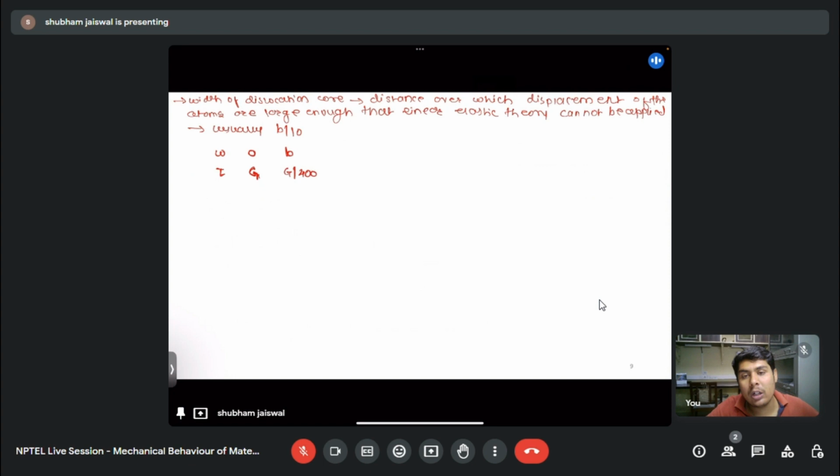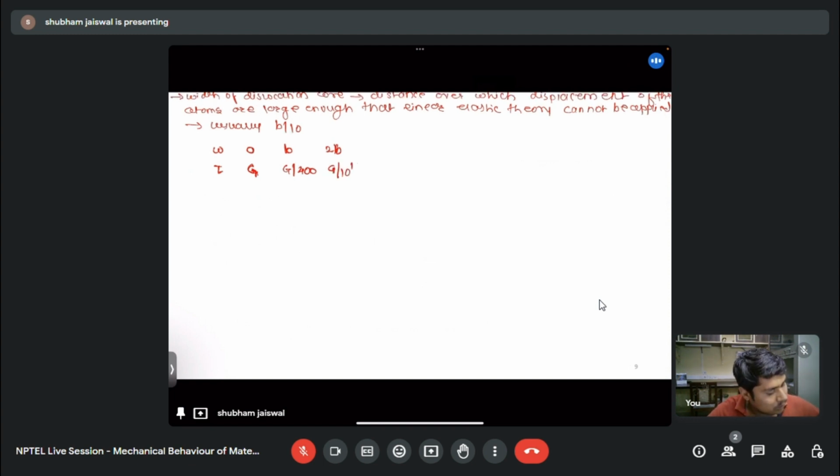Similarly, if we increase the dislocation width to 2B, it will again decrease to the order of G by 10 to the power 40. Here you can see how the width of the dislocation core affects the stress required for deformation.